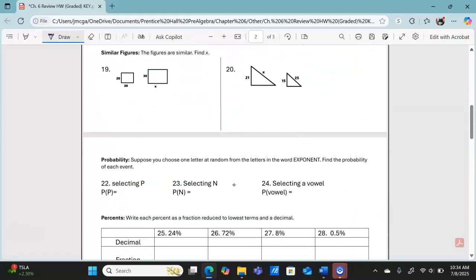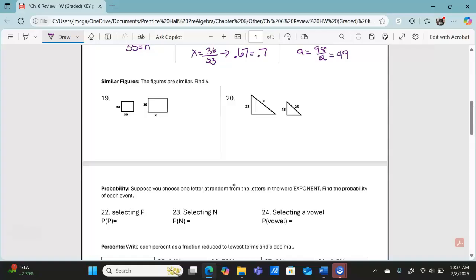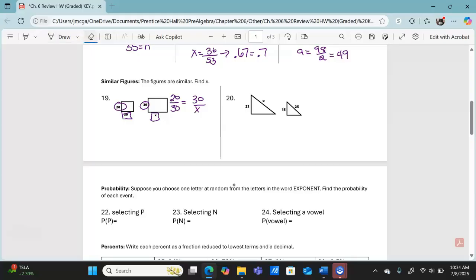Down here, we have similar figures. So this 20 and 30 are in the same position. And then the 30 and X are in the same position. And notice this 20 and this 30, the top of the fractions both come from the smaller rectangle and the bottom of the fractions come from the larger rectangle.